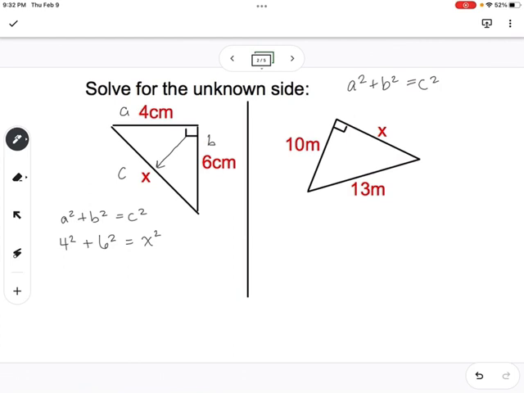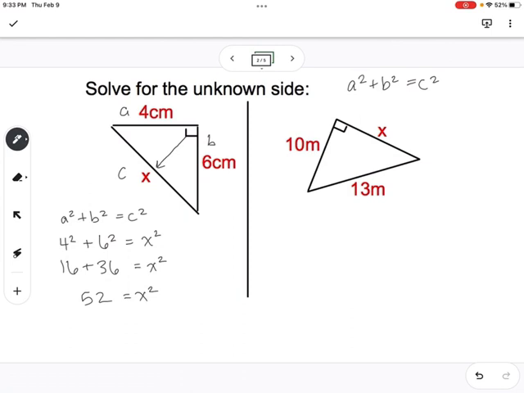So we have 4 squared, which is 16, plus 6 squared, which is 36, equals x squared. And 36 plus 16 is 52. So 52 equals x squared.